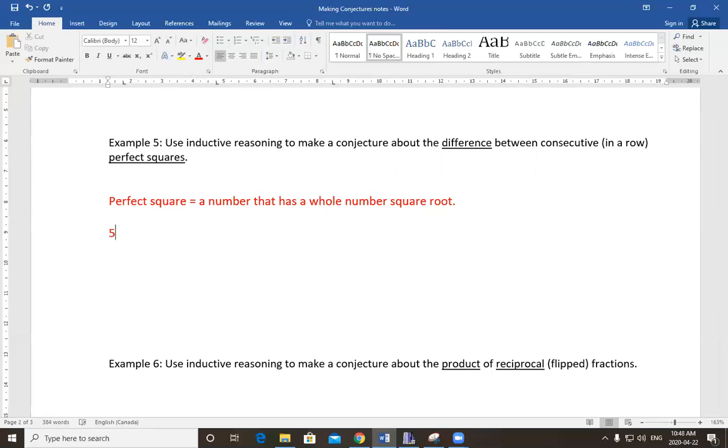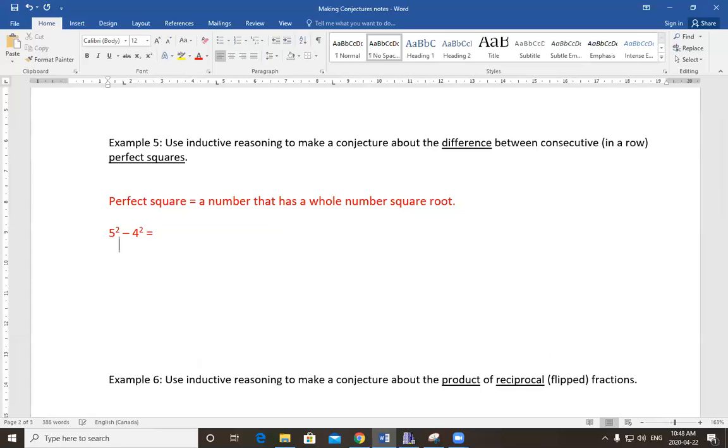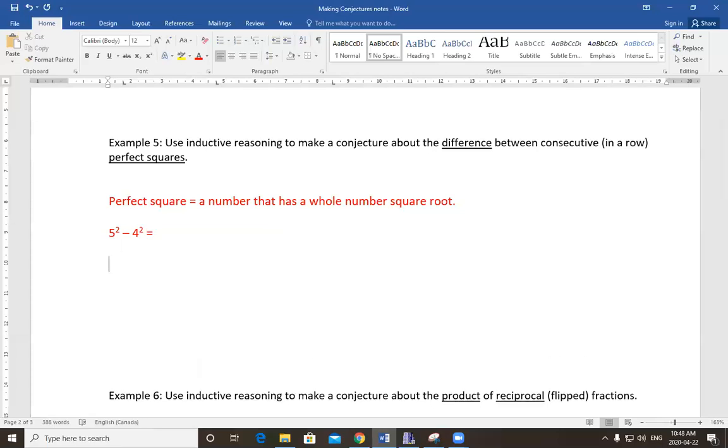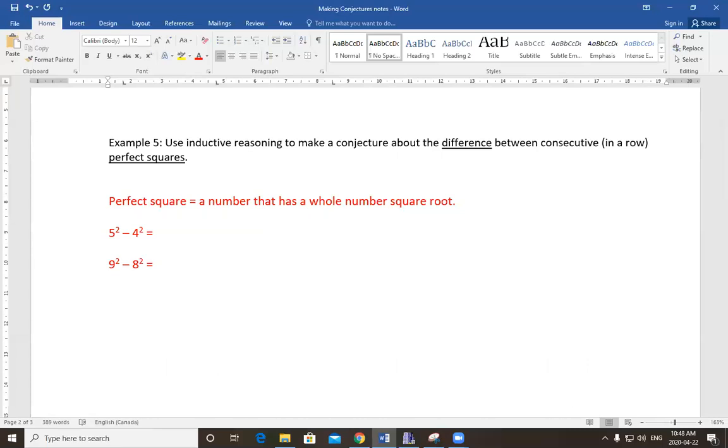Let's do 5 squared minus 4 squared. We can do 9 squared minus 8 squared. We'll do one more example. Always try to do 3 minimum. Let's do 3 squared minus 2 squared.